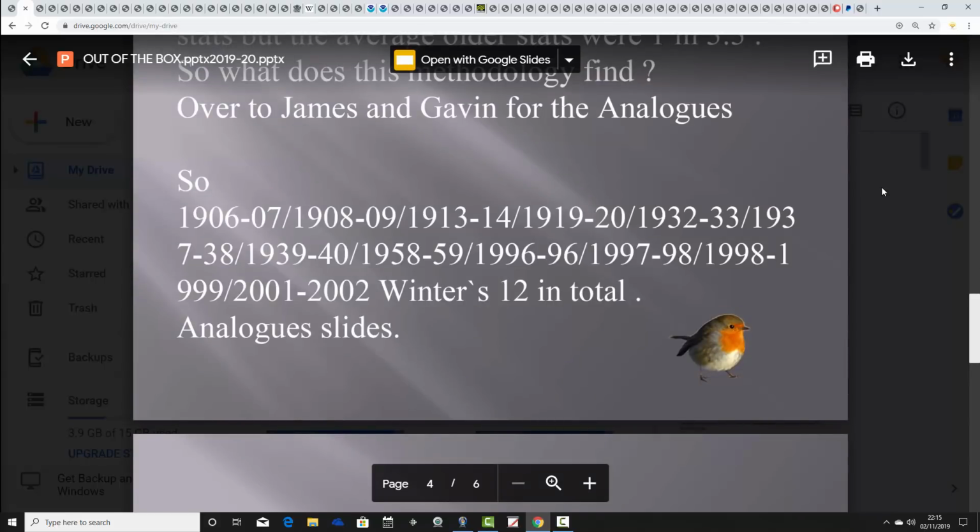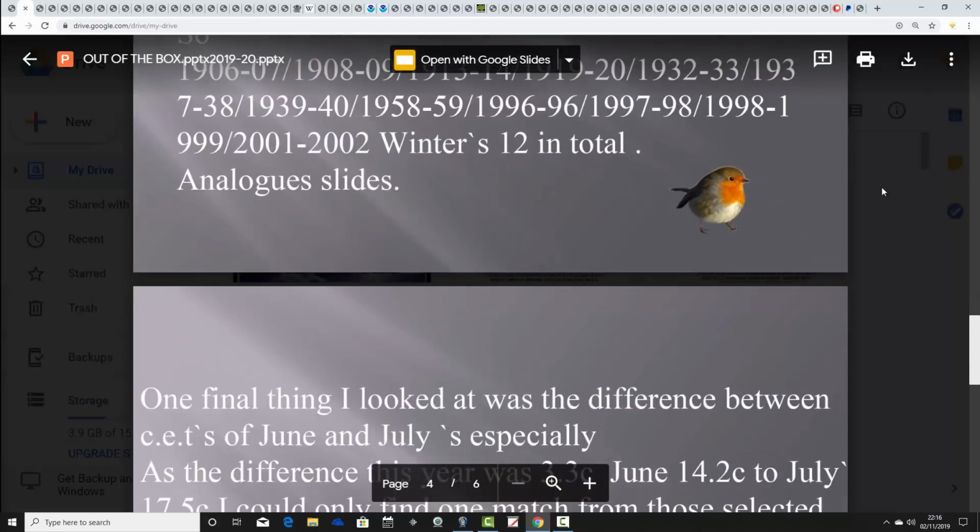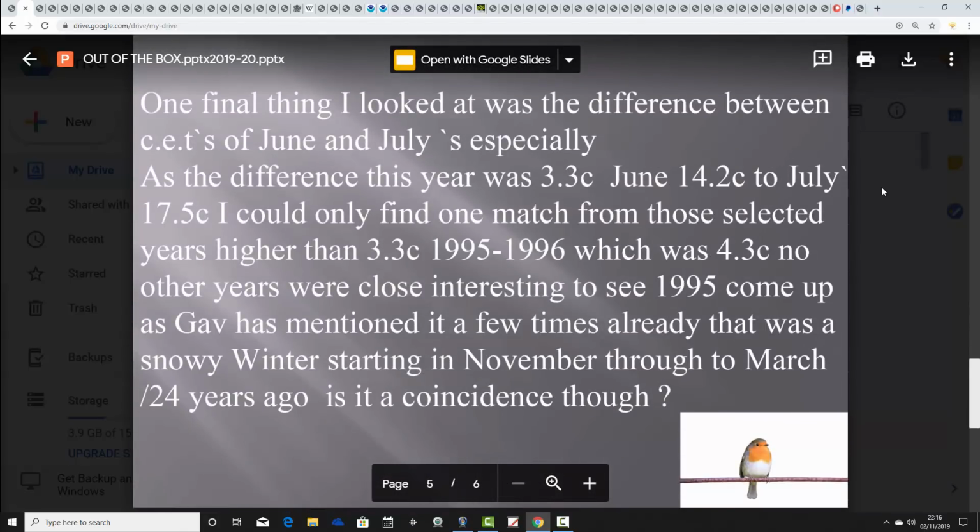So we're going to be looking at the winters of 1906, 1907, 1908, 1909, 1913, 1914, 1919, 1920, 1932, 1933, 1937, 1938, 1939, 1940, 1958, 1959, 1995, 1996, 1997, 1998, 1999, and 2001, 2002. Winters, 12 in total. And then Richard leaves us with one final thing.